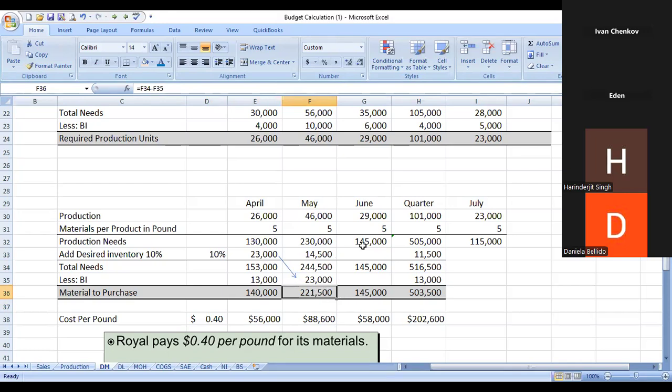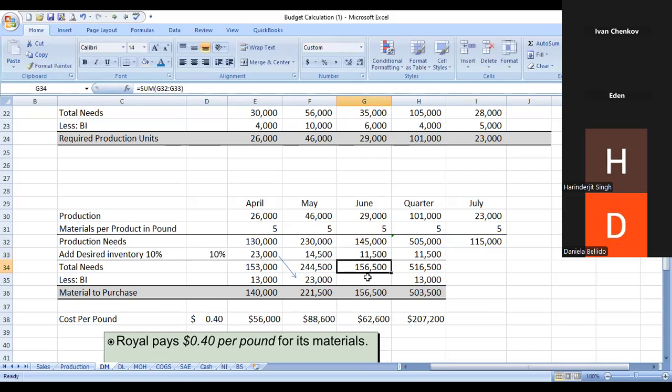Now let's see how many we need to purchase in June. In June, we need to have 145,000 to guarantee our production. Plus, we need 10% to start the next month, which is July. So let's get those 10%: 150 times 10%.